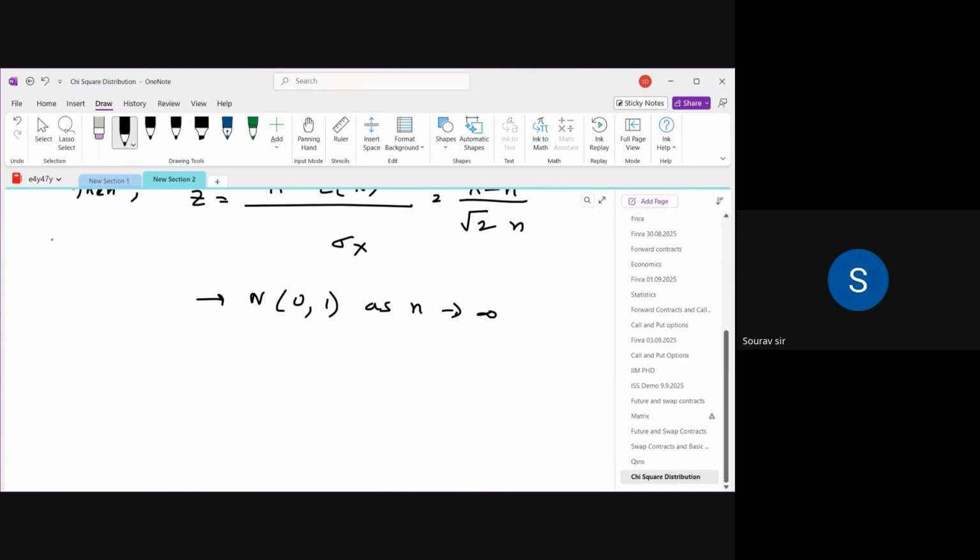But Professor Fisher proved that the normal approximation of the chi-square distribution is more pronounced if, instead of x, we consider the variable root 2x, which is proved for n greater than 30. Let me show you here.